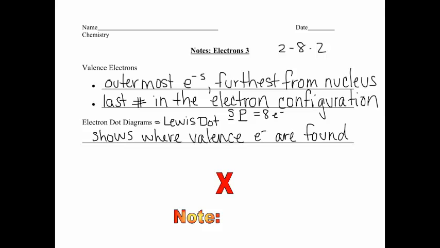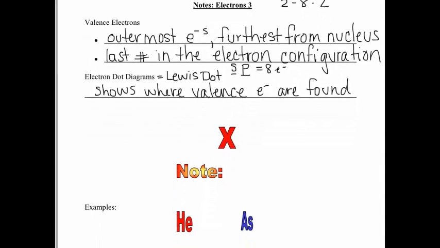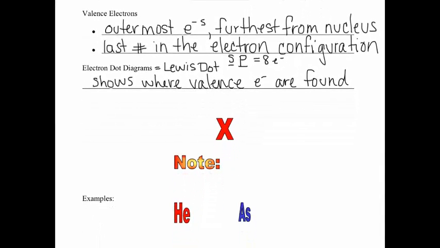All right, so let me show you how this works. Let's say that I had something where the valence number was 8. So how we fill these in is important. Now, what isn't important is where we start filling in these electrons. The electrons are going to be represented by dots.